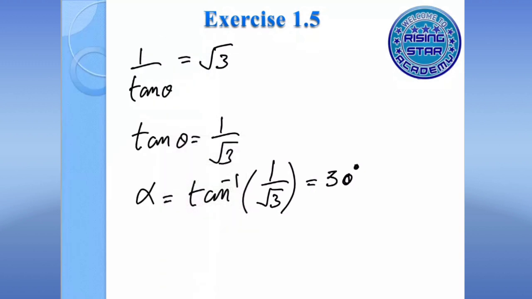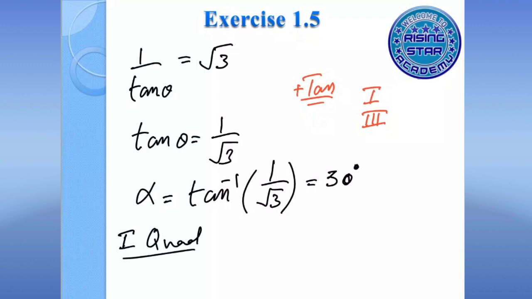Now we know that tan is positive in quadrant number 1 and quadrant number 3, so I will work for these two. For the first quadrant, theta is equal to alpha, so that will be 30 degrees.